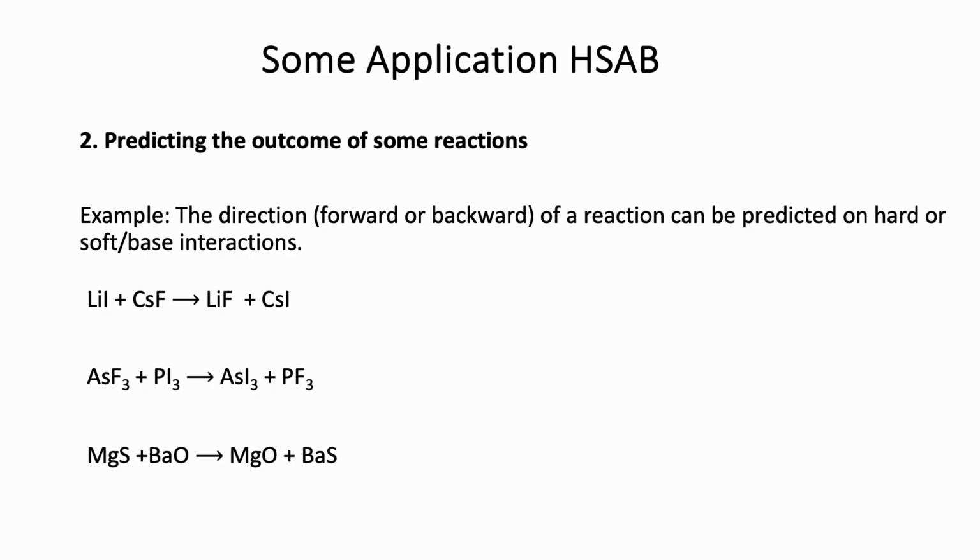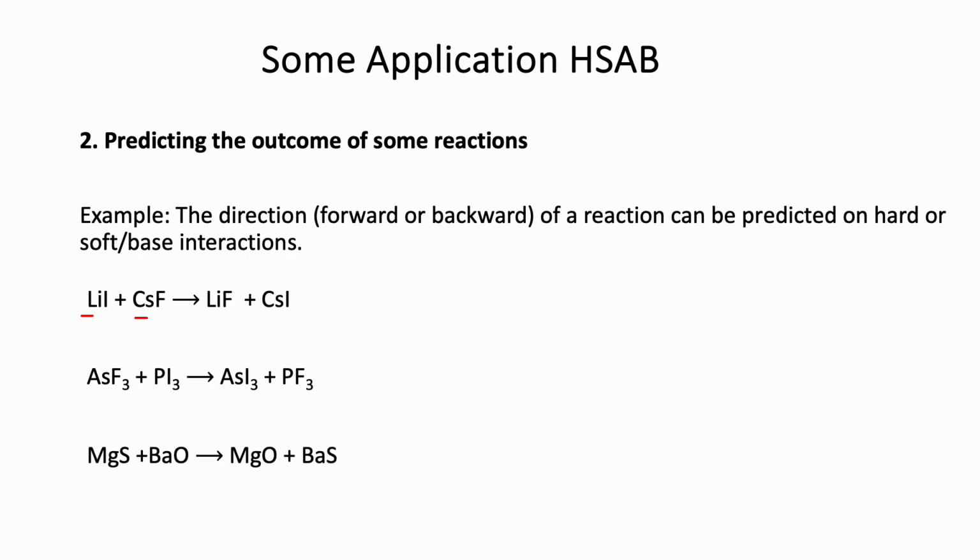Okay, so predicting the outcomes of some reaction. You could actually use your HSAB to determine the outcome of your reaction, whether ang direction is forward or backward. Okay, so first off, you need to compare the cations. Okay, lithium and cesium. Open your periodic table and look if lithium is smaller than your cesium.